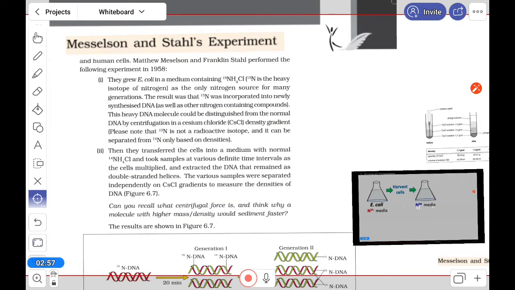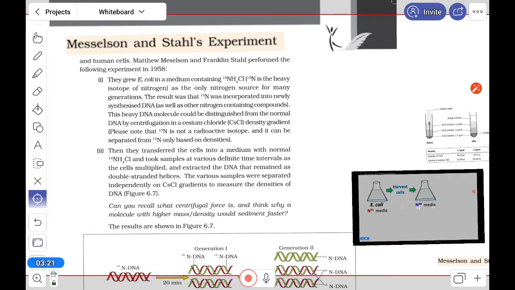To prove that DNA replication is semi-conservative, Meselson and Stahl did one very famous experiment. Matthew Meselson and Franklin Stahl performed the experiment in 1958.